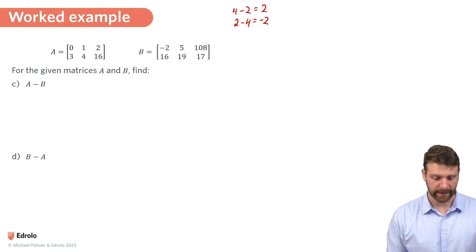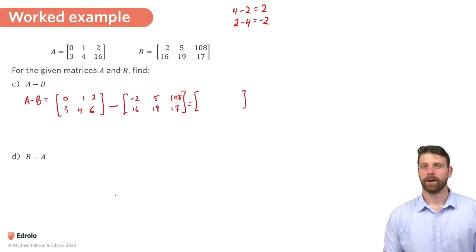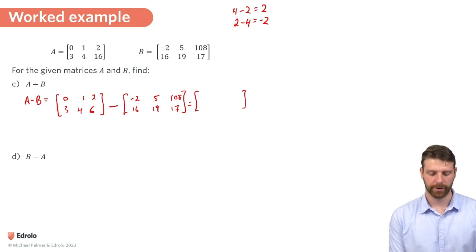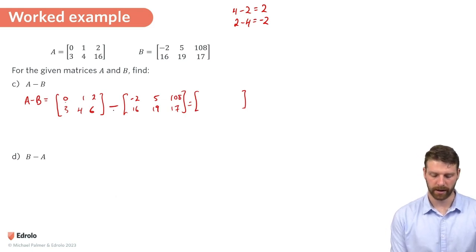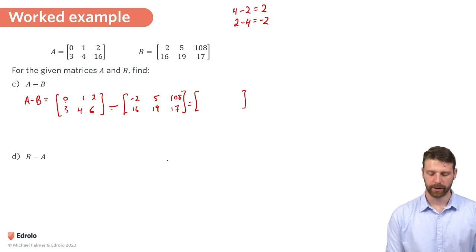So if I take A minus B, I'll do this one by hand, I'll write it out. Okay, so let's do this. I've got to do 0 minus negative 2. Okay, so I think that should be 0 plus 2, which is 2. I've got 1 minus 5 would be negative 4.